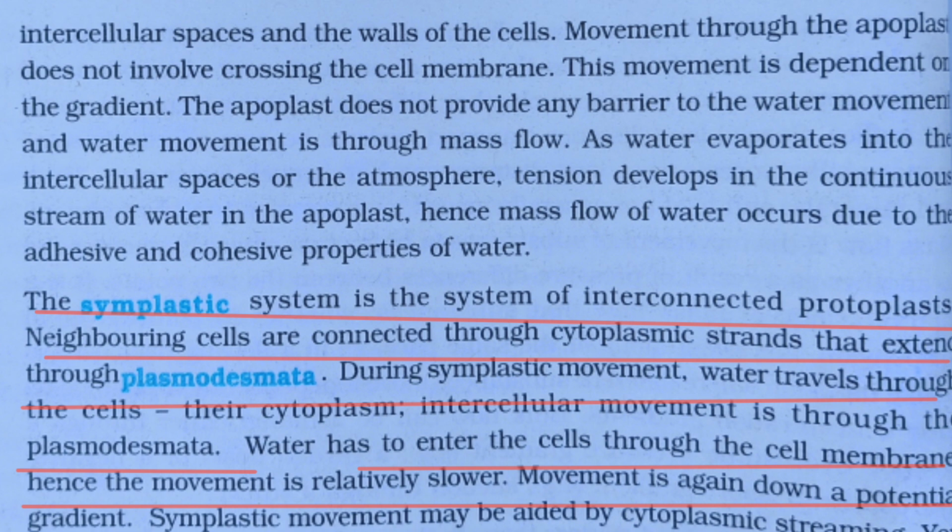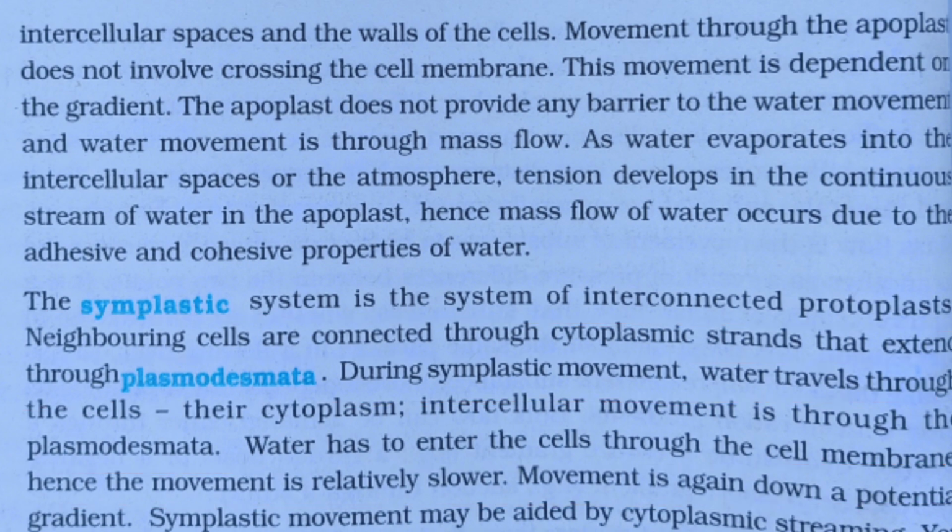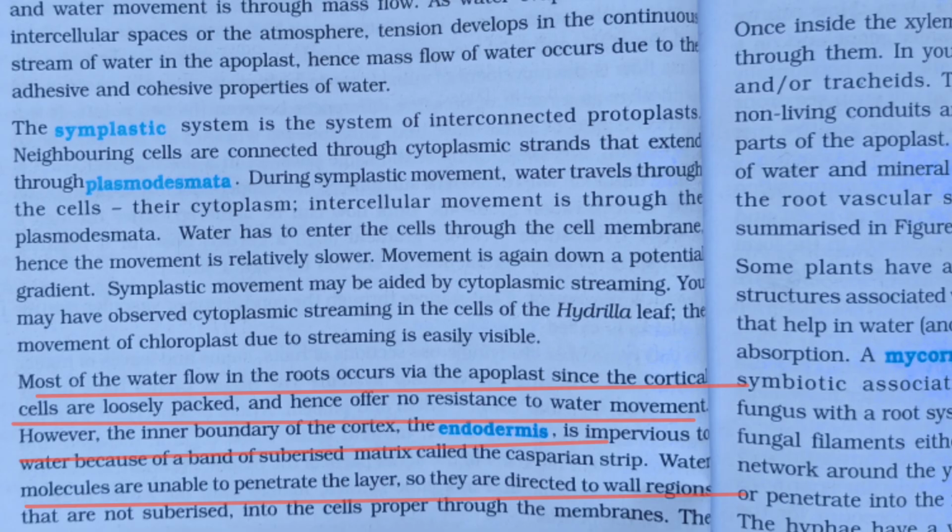You can remember the difference between the apoplastic and symplastic in the easiest way. Most of the water flow in the roots occurs via the apoplast since the cortical cells are loosely packed and hence offer no resistance to water movement. The inner boundary of the cortex is the endodermis.